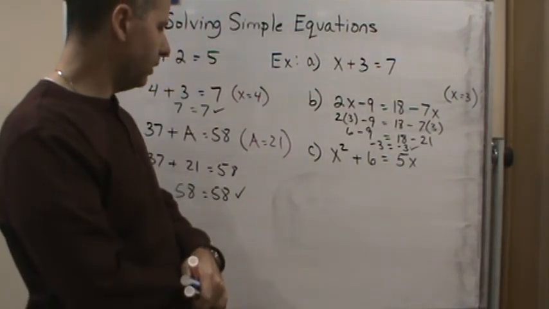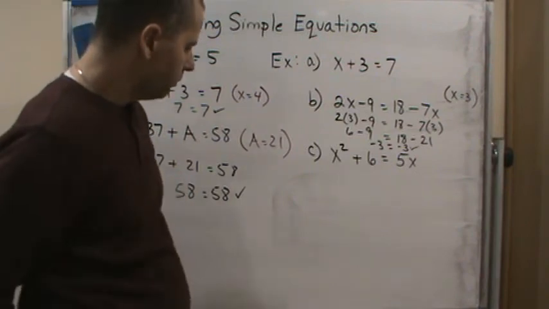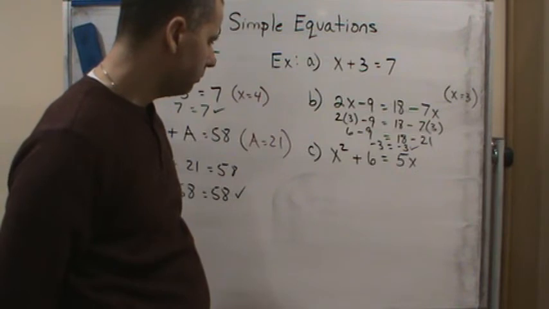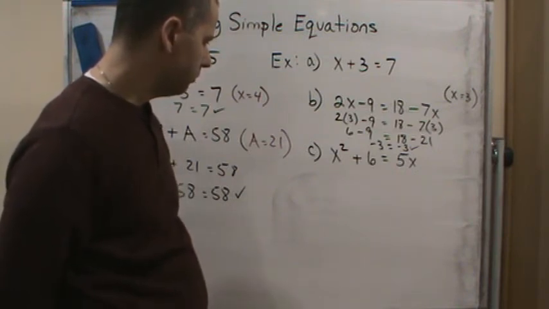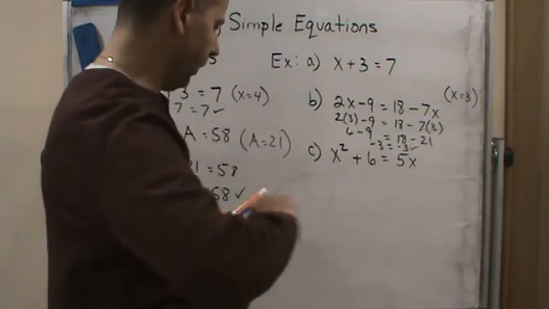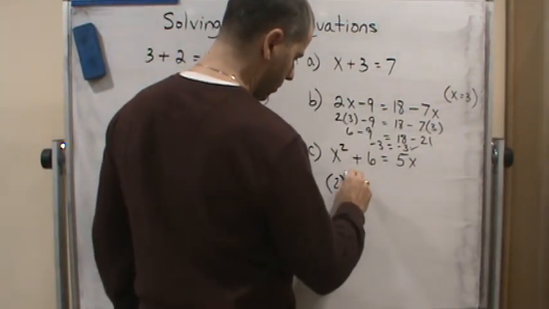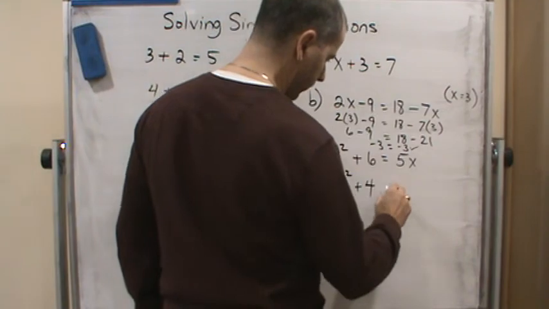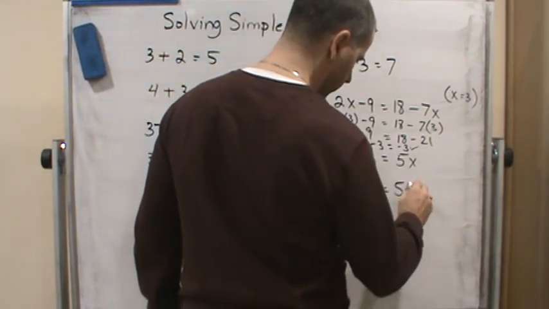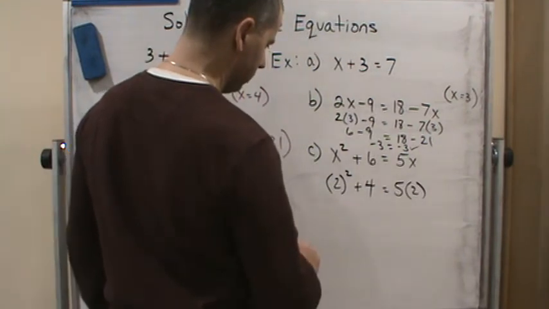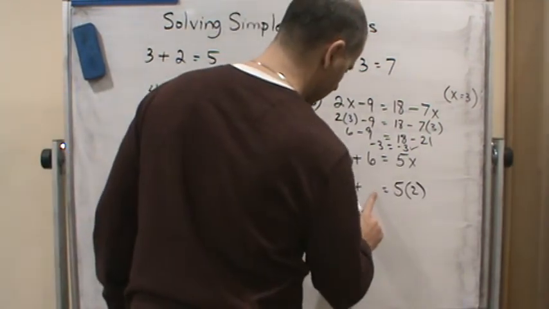Well, let's see. 2 will work. If I plug in 2, I get 2 squared plus 6 equals 5 times 2. Oops, hold on, I keep changing things.